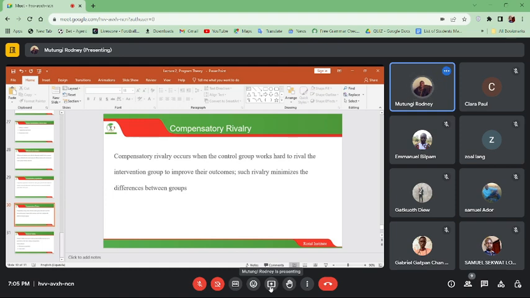So again, it is all about the information exchange. If the other people in the control group, the group that wasn't exposed to your intervention, get to know about the other people or see the changes in them, they will be able to rival them.